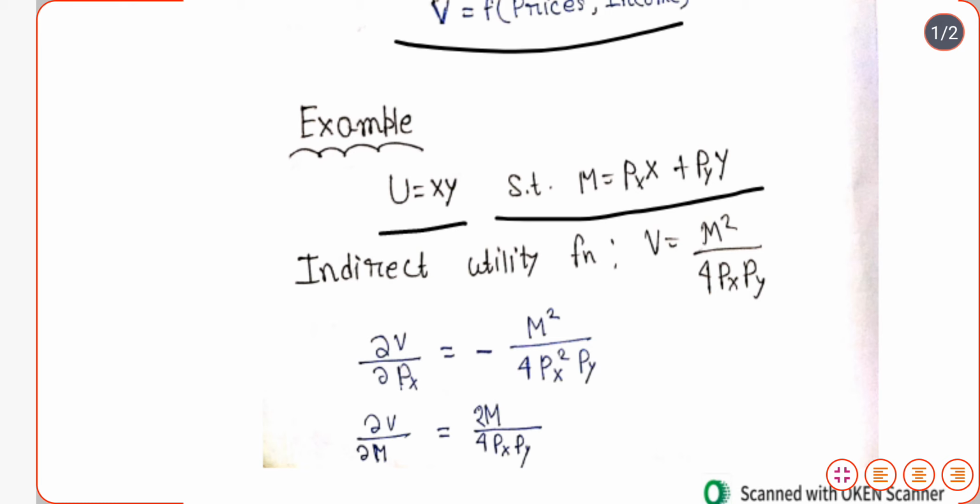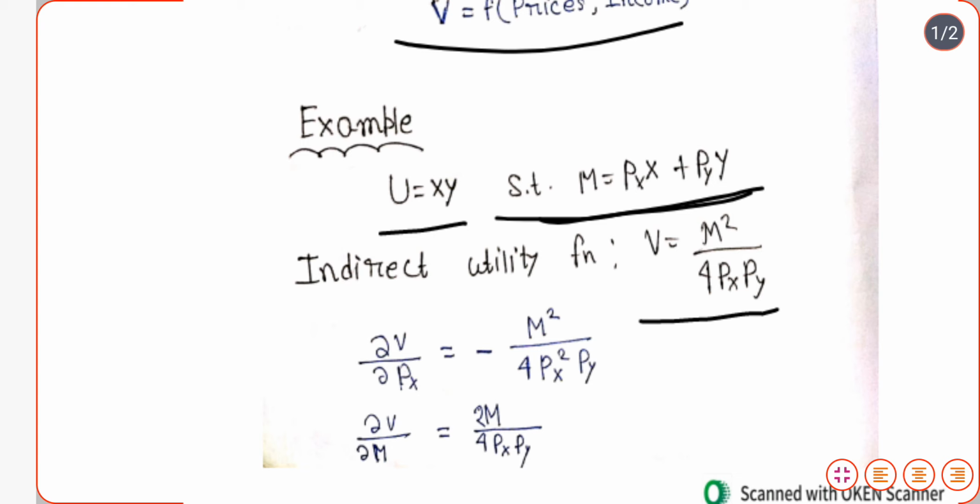The indirect utility function is v equals m squared by 4 px py. How have I obtained this indirect utility function? For understanding how I obtained it from this utility function and the constraint, you have to watch the video on duality and consumer equilibrium that I have posted, which you will find just a video before.